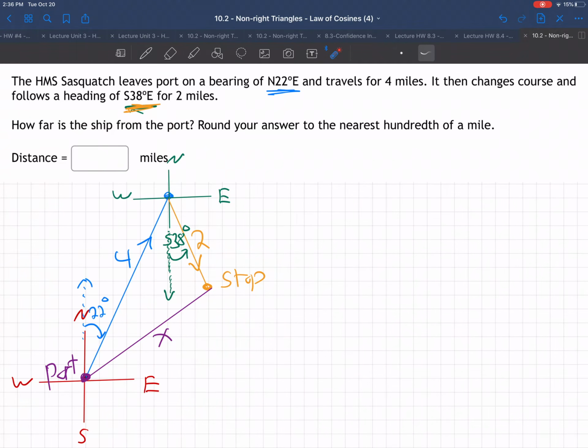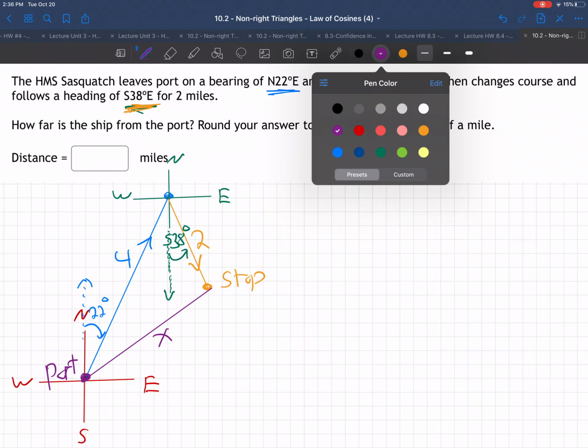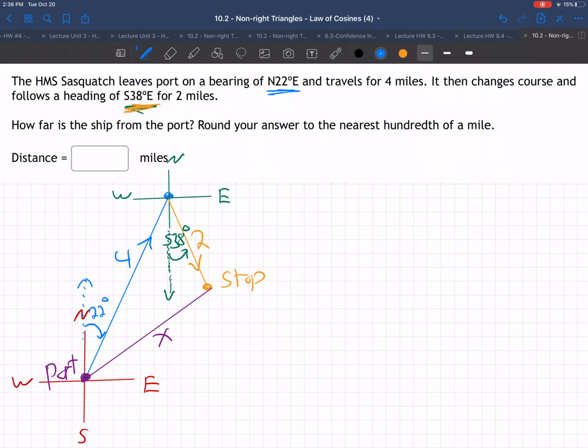When I teach geometry, I help my students see it by calling them Z angles. This angle and this angle have to match. So that one in there, this one right here has to be 22 degrees, just like that other one. So let me write the 22 up here. This has to be 22 degrees right there.